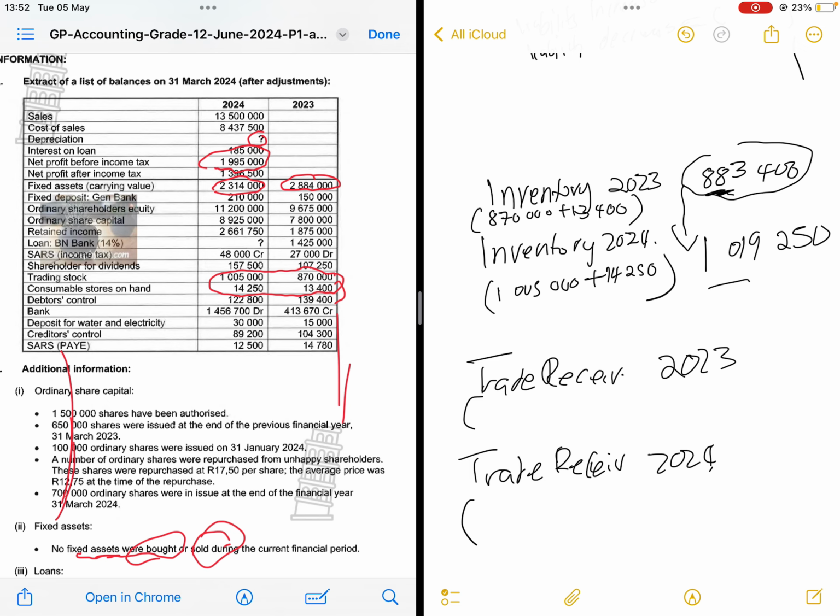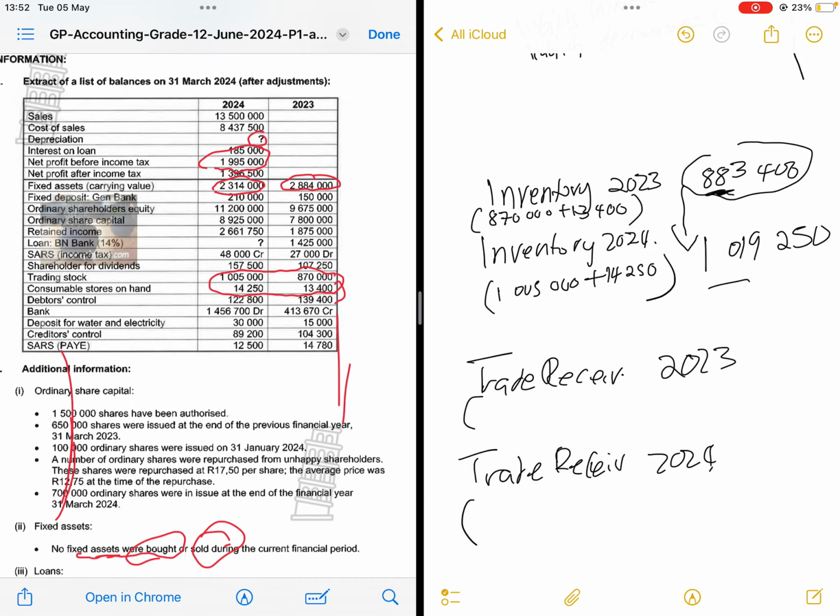Now let's see. I'm going to take 139,400, which is debtors control. I have to add the deposit for water and electricity of 15,000.